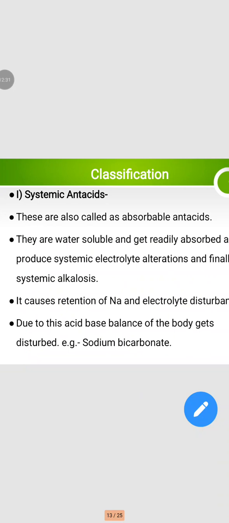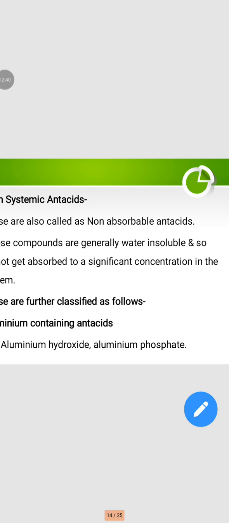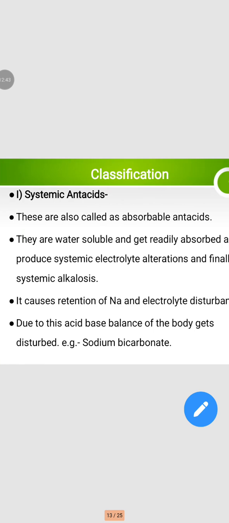Then the classification of antacids. The first one is systemic antacids. The second one is non-systemic antacids. Systemic antacids are also called absorbable antacids.